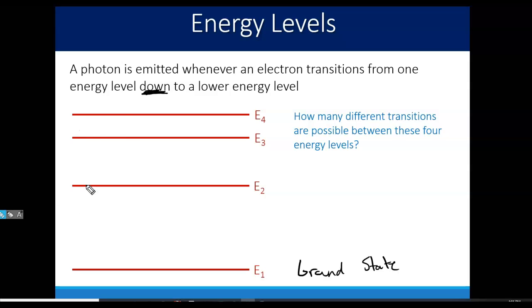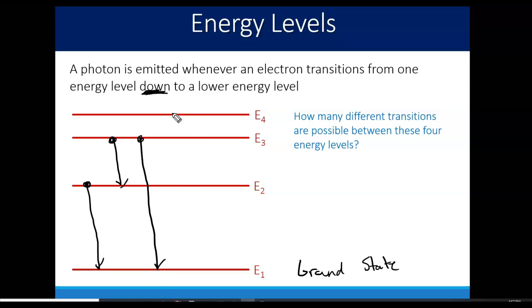Well, let's see. We could have an electron go from n equals 2 down to n equals 1, and that would be one possible transition. And the photon that comes out would correspond to one line on the emission spectrum. What are other possible transitions? Well, we could have from 3 to 2. We could also have from 3 to 1.